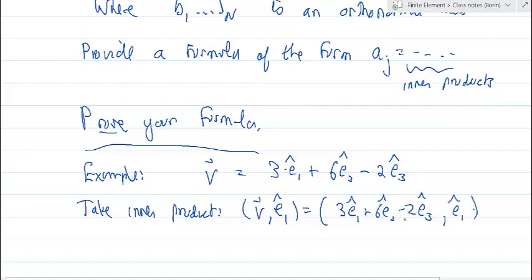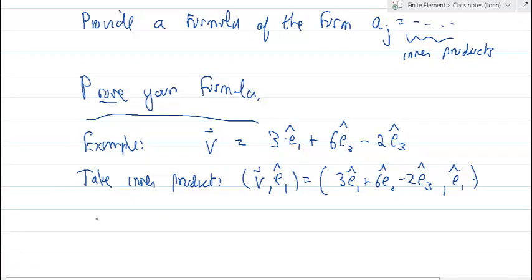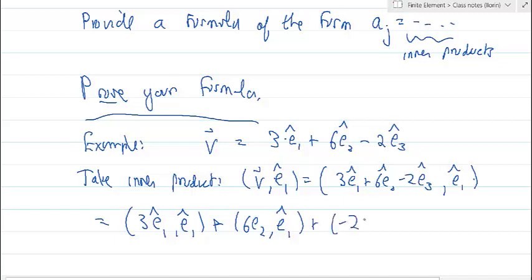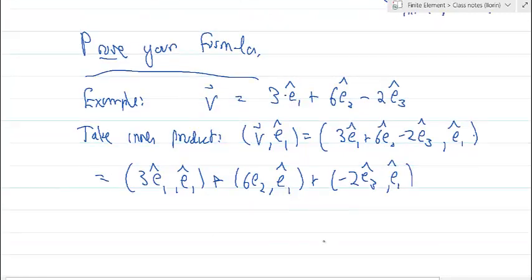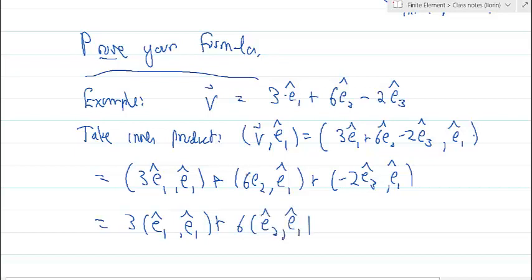Now I can use the bilinearity of this to get the inner product of 3e1 with e1 plus the inner product of 6e2 with e1 plus the inner product of -2e3 with e1. Now that's equal to 3 times the inner product of e1 with e1 plus 6 times the inner product of e2 with e1, plus -2 times the inner product of e3 with e1.